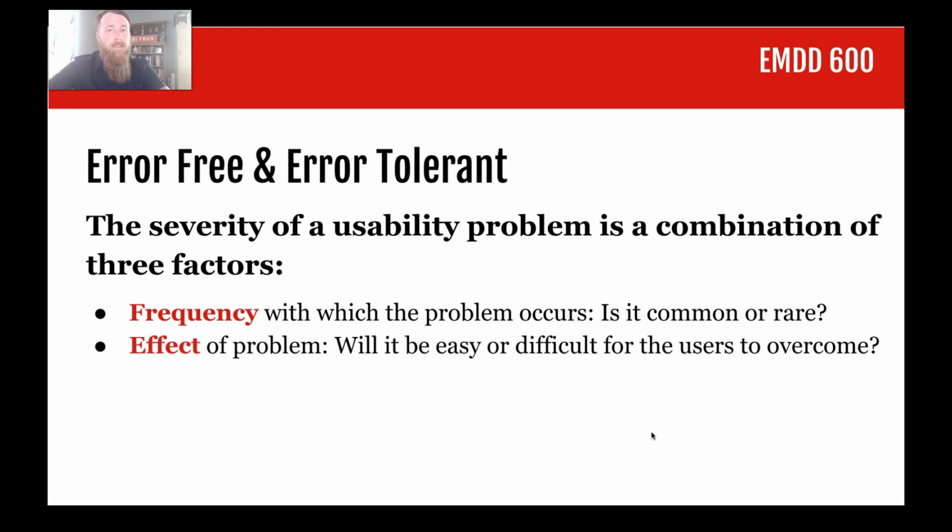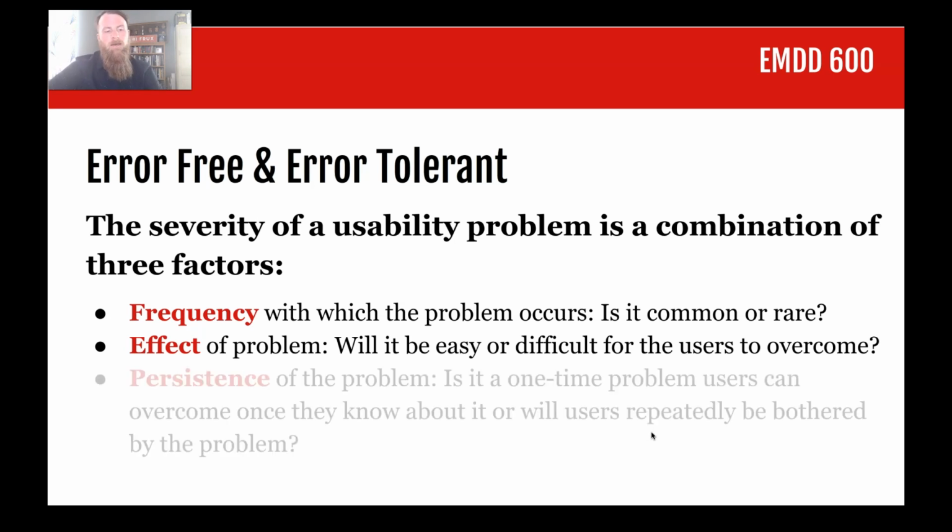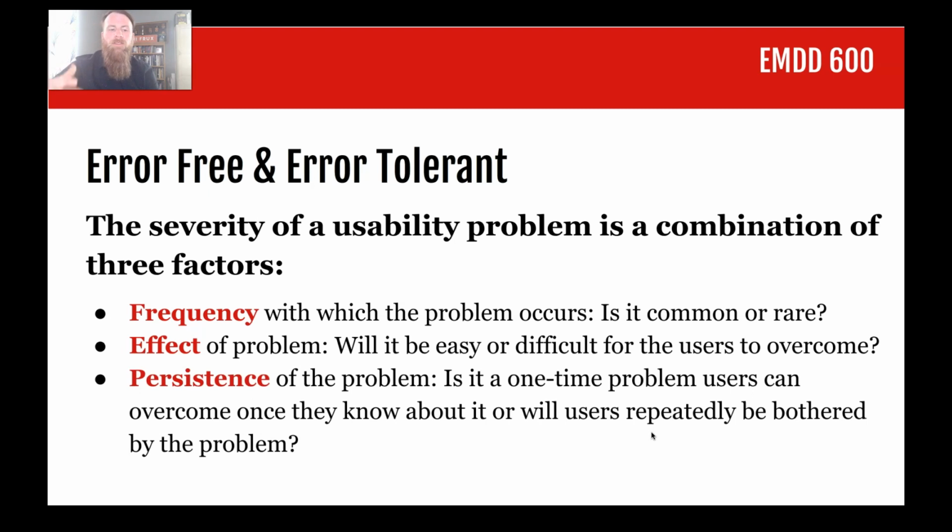Is it going to be easy to overcome, or is it going to be difficult? Will users be able to get to, again, that thing they need? And then lastly, persistence of the problem. Is this a one-time problem that is going to be overcome once they know about it, once they've gone through that learning curve? Or is this something that users are repeatedly going to be bothered by?